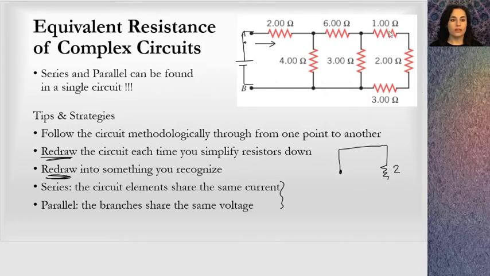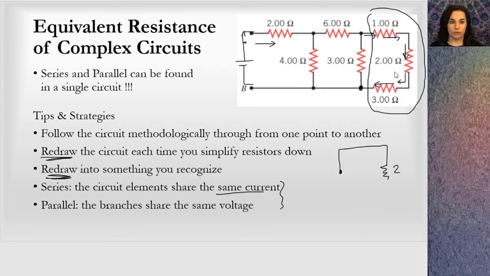But when I look at this branch over on this side here, I can see that the current leaves this junction, flows through this one, has no choice but to flow through these other two to get back and combine to the other currents. So these 3 resistors are in series. They share the same current.